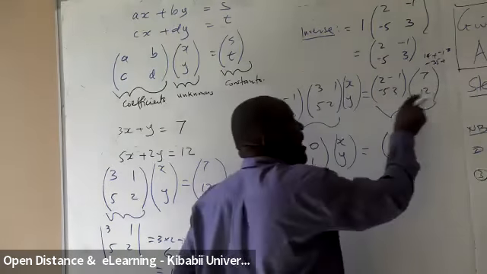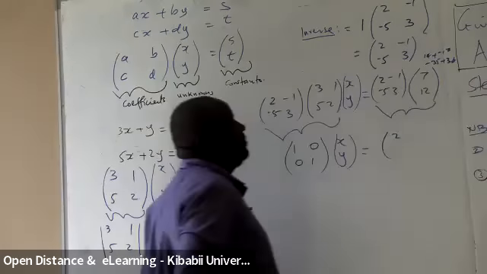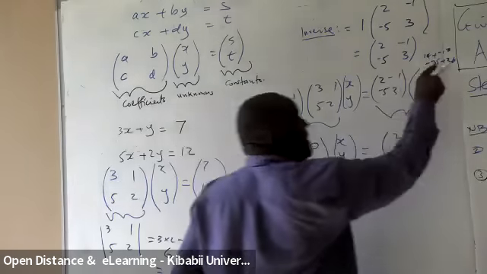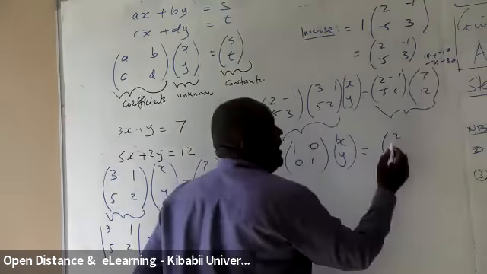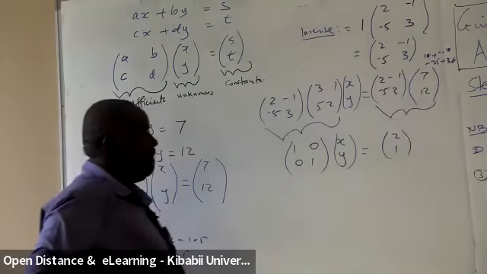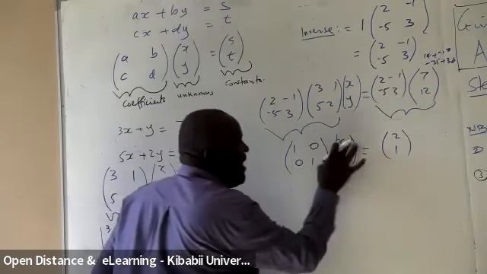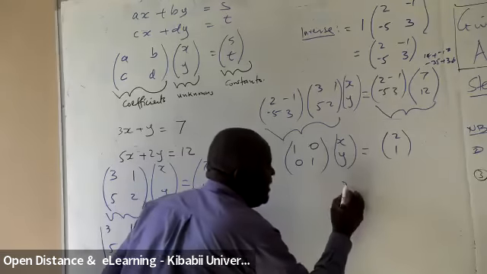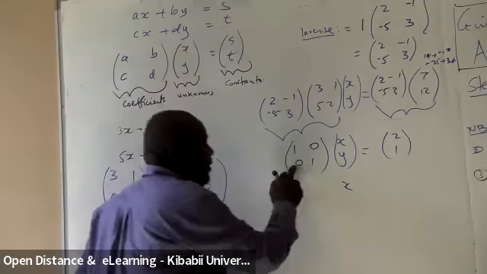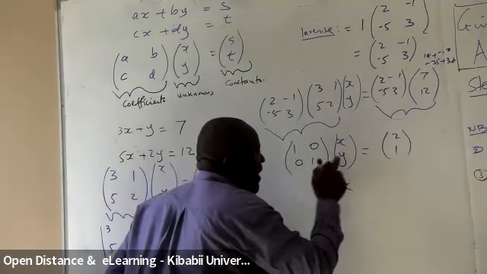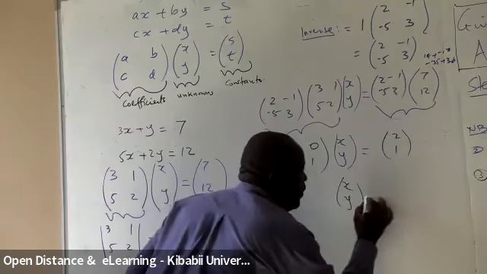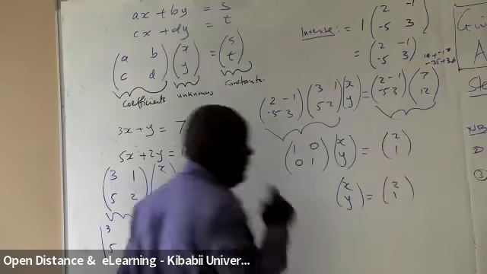Plus 3 by 12 is 36. So that is 1. So 1 by x plus 0 by y gives you x, and 0 by x plus 1 by y gives you y.